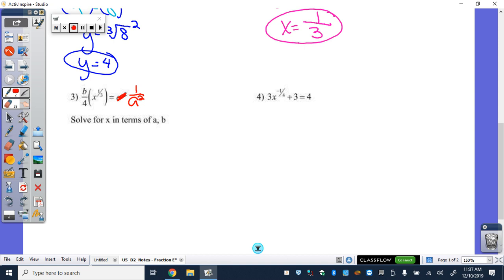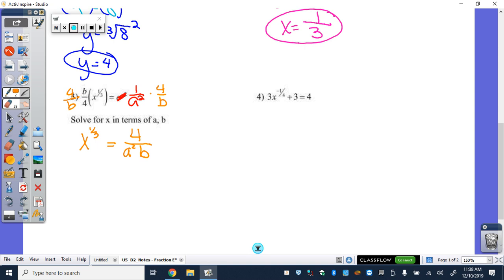Now how do I get rid of my b over 4 out front? Multiply by 4 over b. So I get x to the 1/3 on my left side now equals 4 over a squared b.